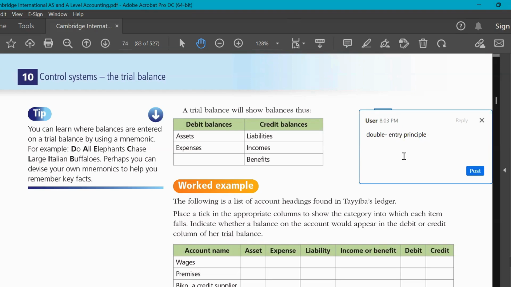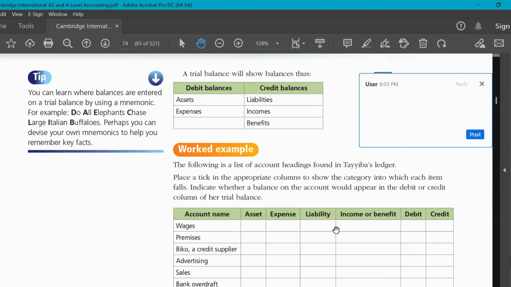The idea of the trial balance has its foundation in this accounting principle, which is double entry, which means one account is debited and another is credited so that you can keep the books balanced. Okay, now let's proceed to the next part.